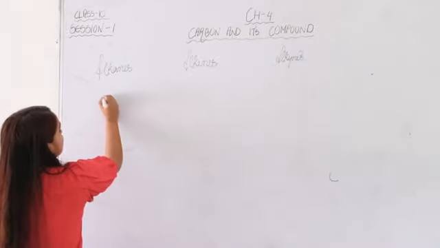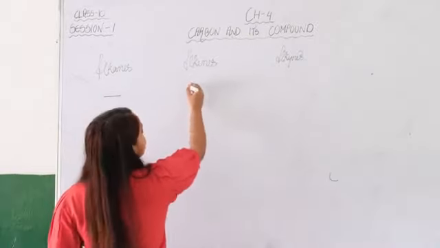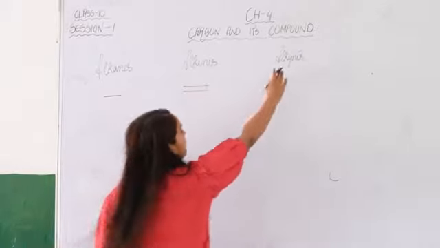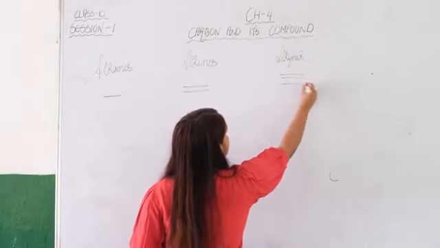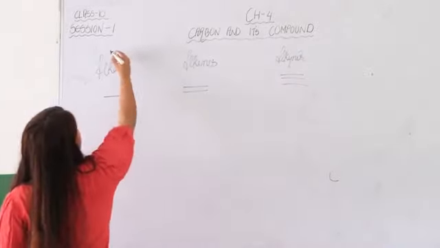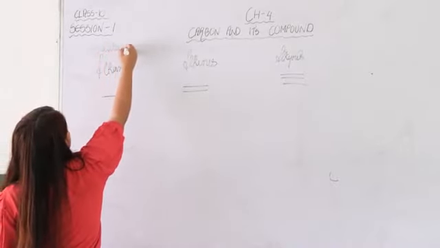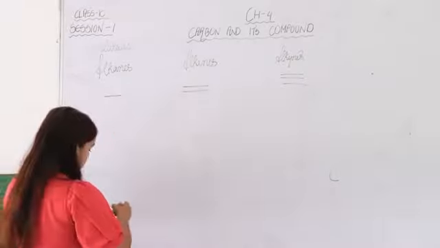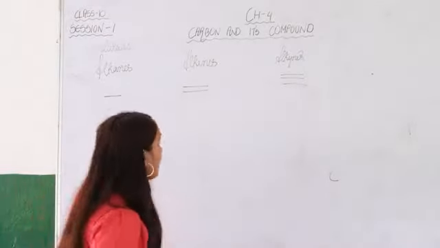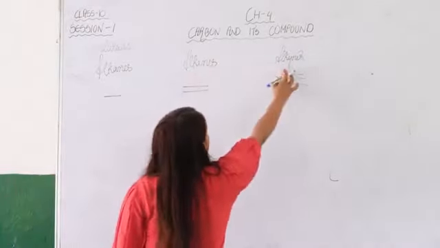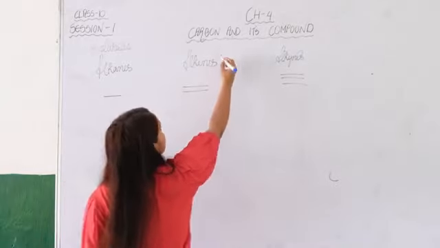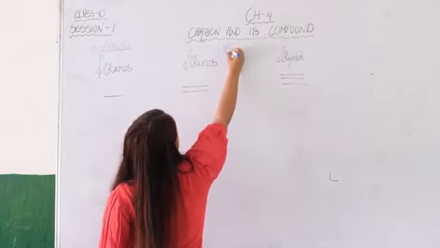Alkane means those which have single bond, alkenes means those which have double bond, and alkynes means those which have triple bond. Alkanes come in the category of saturated. And alkenes and alkynes, that is double and triple bond, come in the category of unsaturated.